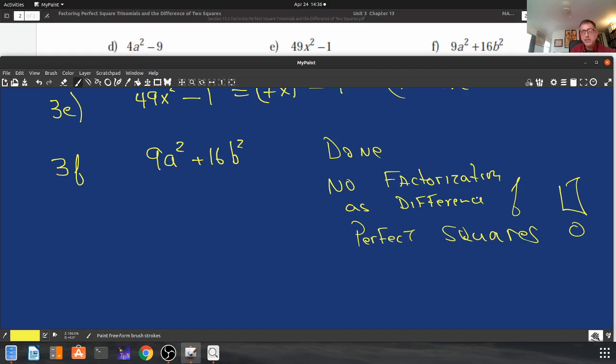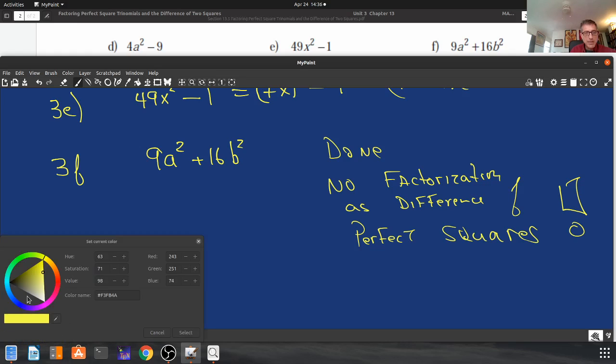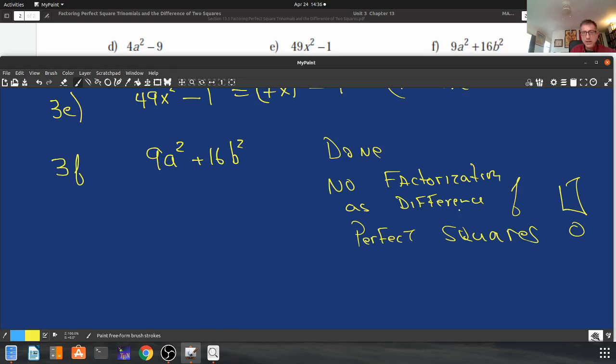squared, but it's no factorization as a difference of perfect squares, and the key reason is the word right here is a difference. That's not a difference. Even if I do write this as 3a squared and 16b squared is 4b squared, so those are two squares, this is a sum, and we need a difference.